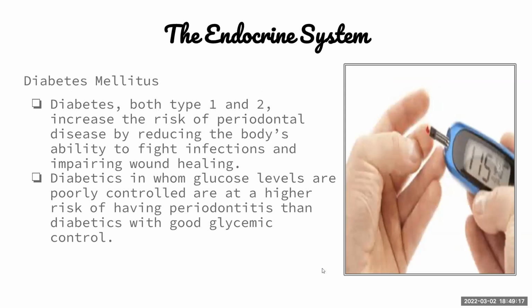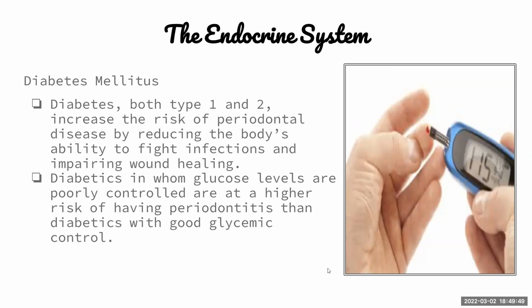So diabetics with glucose levels that are poorly controlled are at a higher risk for periodontitis than diabetics with good glycemic control. And diabetes has one of those bidirectional links. The more controlled the diabetes is, the more controlled the perio is. The more uncontrolled the perio is, the more uncontrolled the glucose level is.